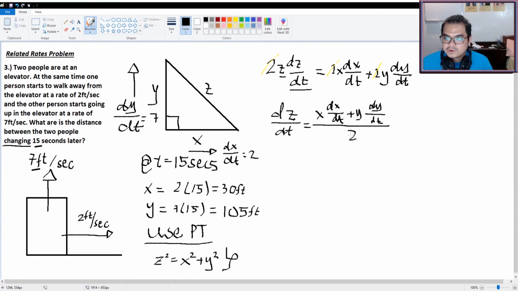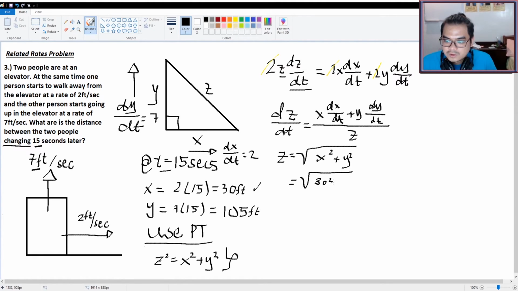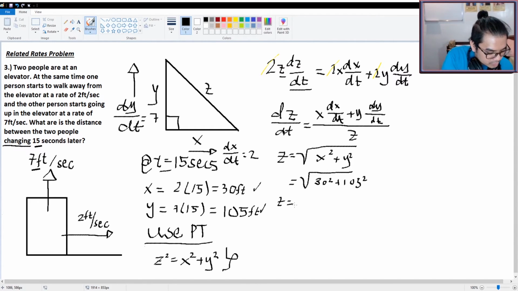We still don't have the value of z, but at time equal to 15 seconds, we can solve for z. Z is equal to the square root of x squared plus y squared, which is the square root of 30 squared plus 105 squared. Using my calculator, taking the square root of that, you'll have 109.2.